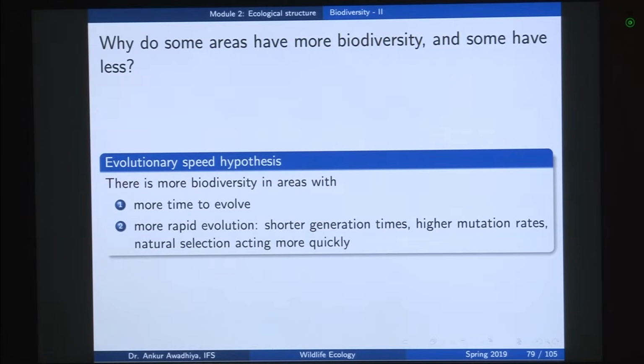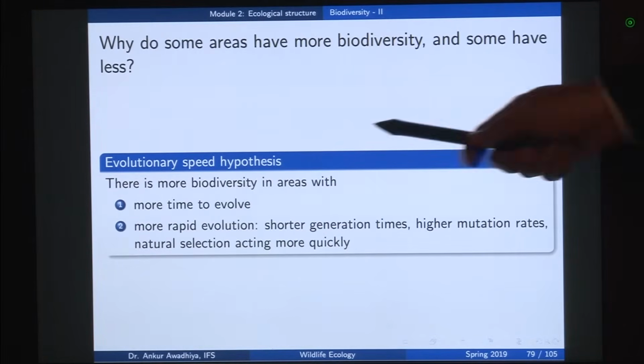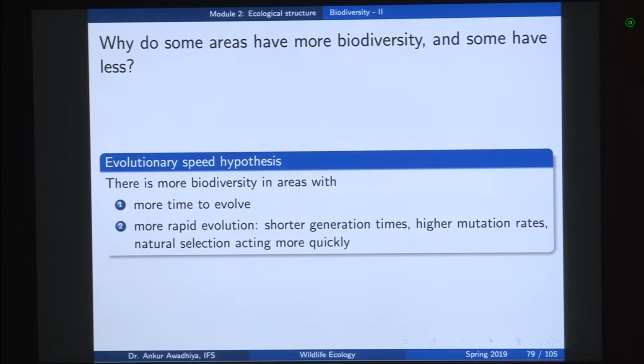So, the first hypothesis is known as the evolutionary speed hypothesis. Now, the evolutionary speed hypothesis suggests that all the biodiversity that has been created has been created because of the process of evolution. Now, for any pocket of land or water on the earth, the number of species that would be there would depend on, one, the time for which evolution has happened there, and two, the speed at which the evolution has happened there.